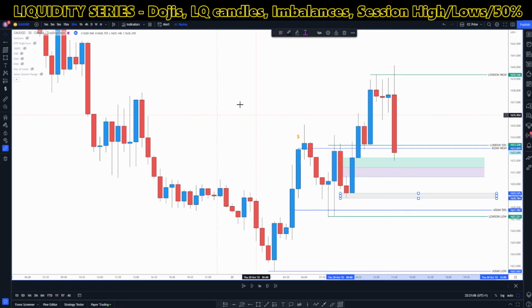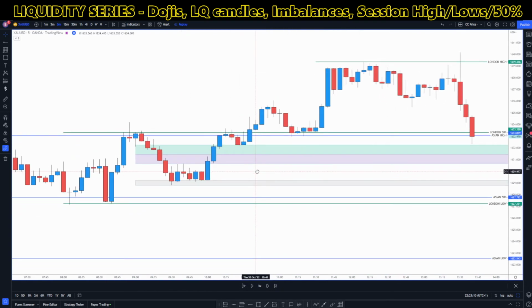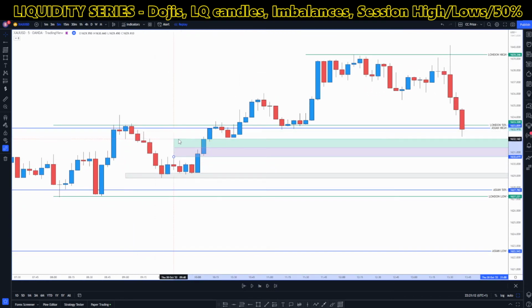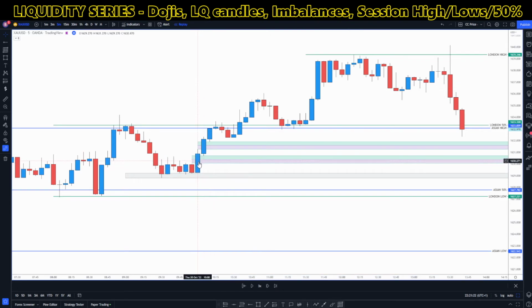When I go from 30-minute to 5-minute, I can actually refine this a bit further. So I can say, well, I've got a 5-minute imbalance here, and then I've also got another one just below it. So these become both points of interest that I'm looking at.